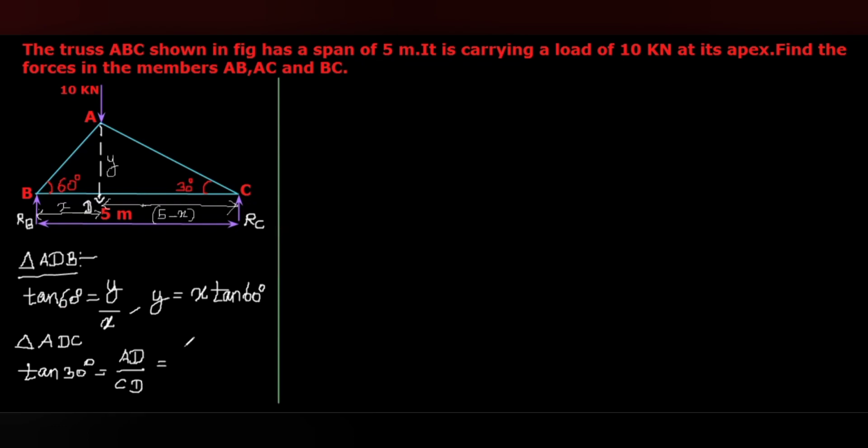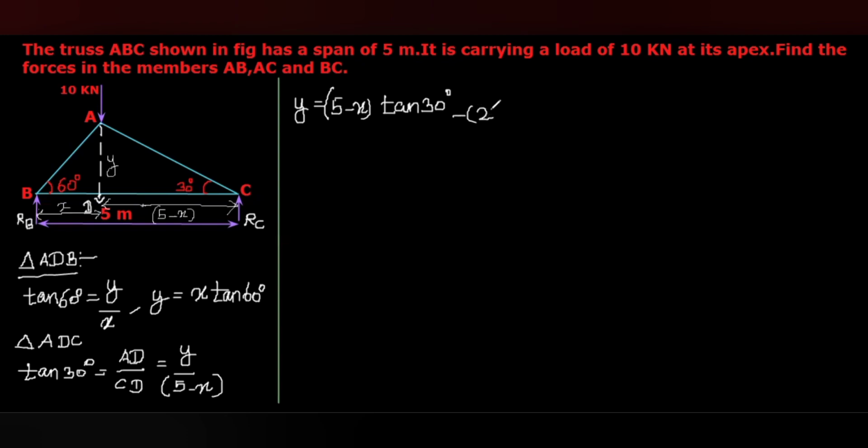Here AD, that is Y, divided by the value of CD, is 5 minus X. So from this we can write Y equal to (5 minus X) multiplied with tan 30 degree. This I'm going to take as equation 2.